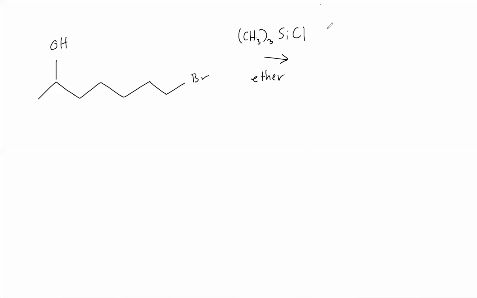And so what this group is basically going to do is take this hydrogen here on this oxygen and replace it. It's essentially going to replace that hydrogen with that Si, this is a 3-methyl group, so I'm going to say Me3 here, okay?